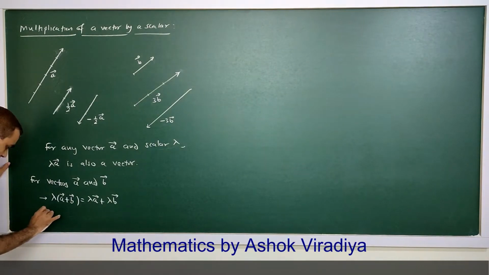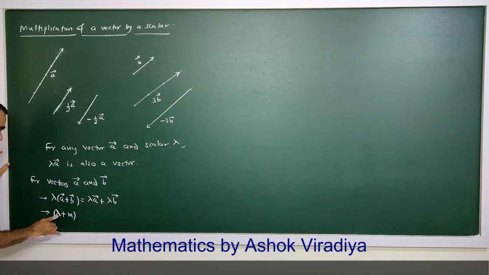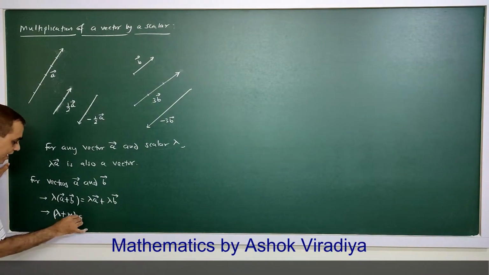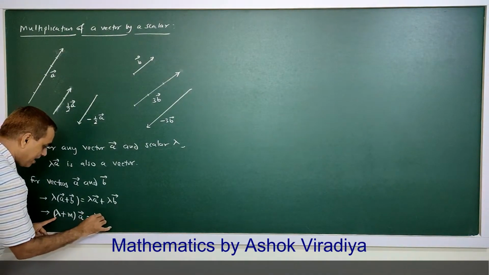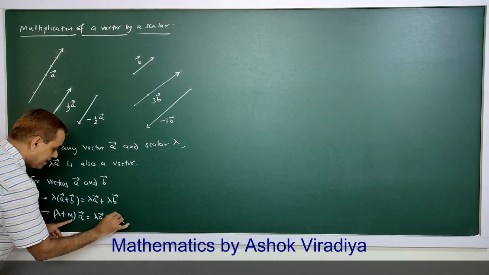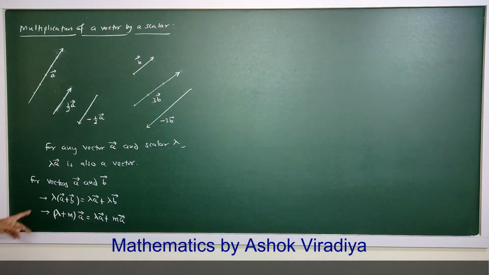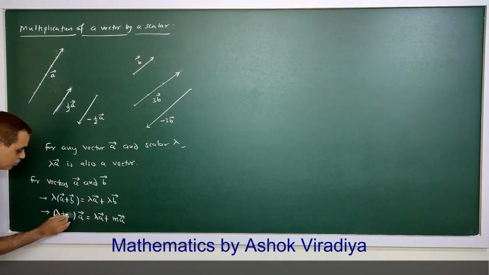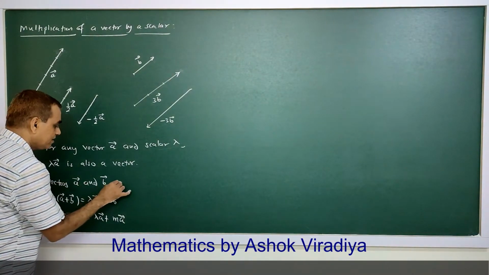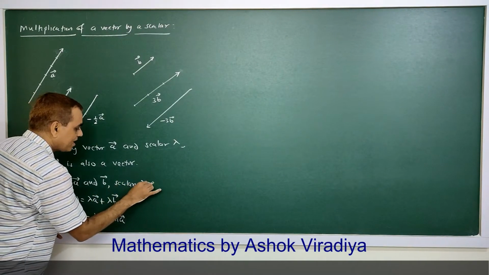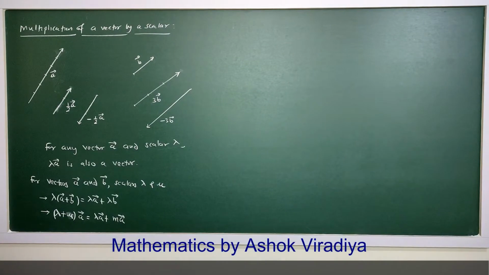Or if I take two scalars lambda and mu, lambda plus mu times vector a can be written as lambda a plus mu a. Here lambda is a scalar, mu is also a scalar. So for vectors a bar and b bar, and scalars lambda and mu, these are the properties.